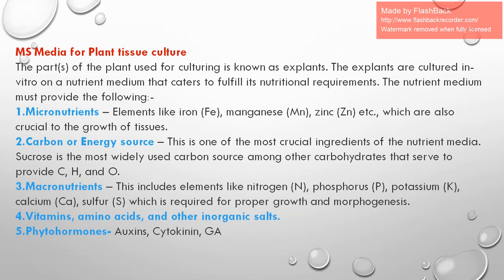Then some vitamins are required, some amino acids like glycine are required here, and some phytohormones are required like auxin, indole acetic acid, then indole butyric acid, then cytokinins are required, and gibberellic acid can also be used in combination.